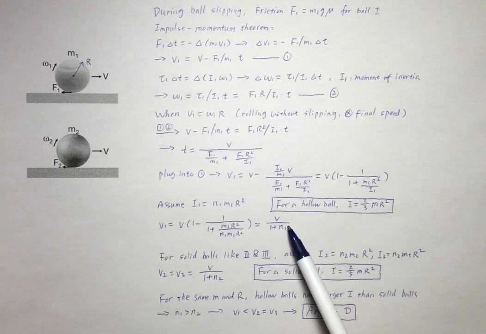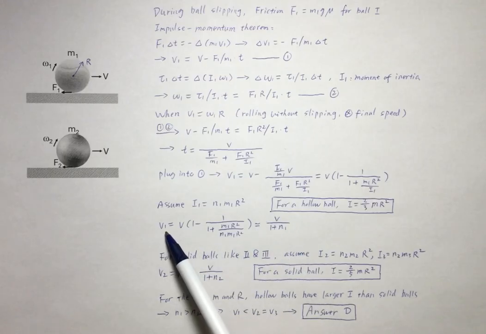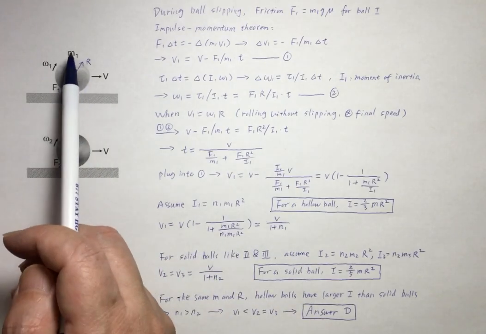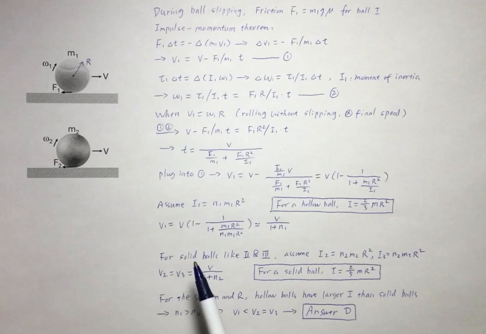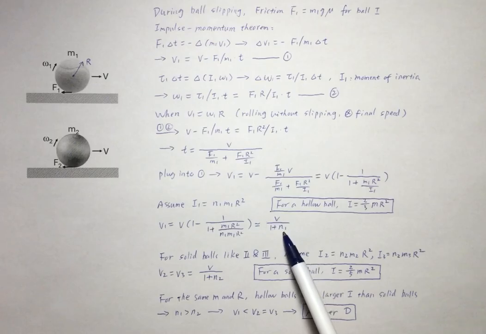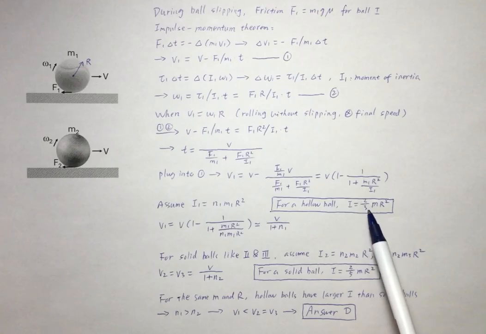As we can see, v1, the final speed of the tennis ball, has nothing to do with the mass of the tennis ball or the radius. It only depends on the initial speed and this coefficient n1. n1 is 2/3 for a hollow ball.